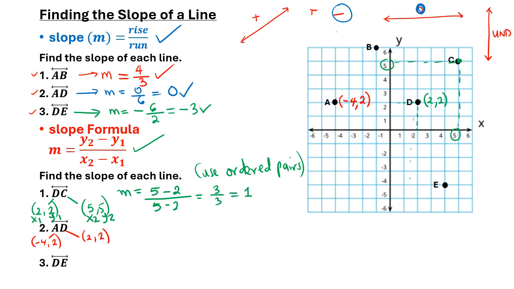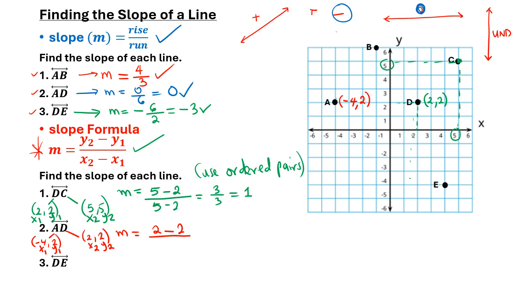Now we know this is going to be x1, y1, x2, and y2. Because of that, we write our slope is equal to, and then we follow the formula again. y2 minus y1: y2 is 2, minus y1, which is also 2, so 2 minus 2.